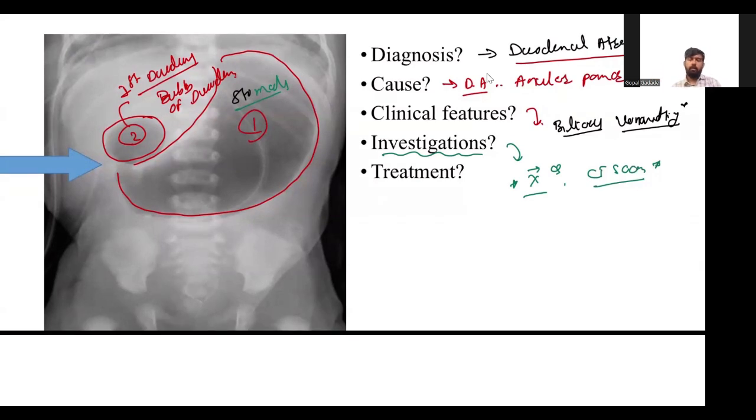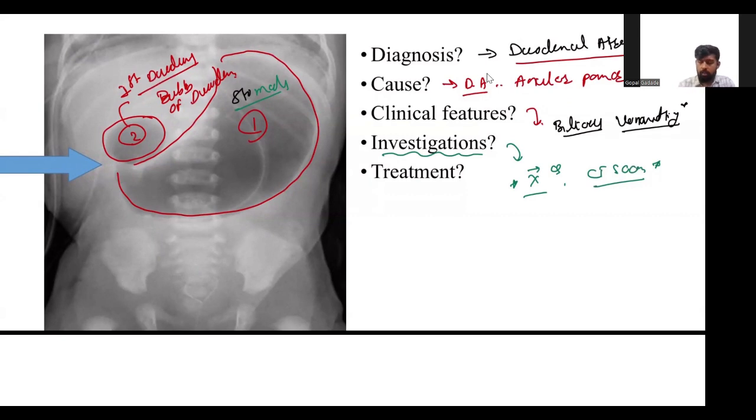And in pediatric, the treatment of choice for the duodenal atresia is duodenoduodenostomy. A diamond-shaped duodenostomy is made from the first part of duodenum to the duodenum distal to the atretic segment. So this is all about this X-ray.